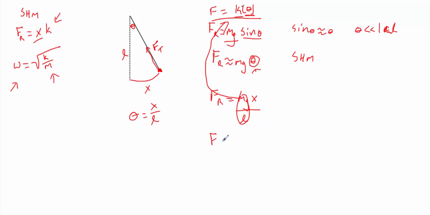So F_R is equal to mg over L times x. And I'm going to use that k in this equation.